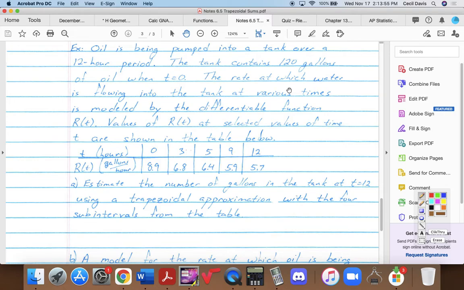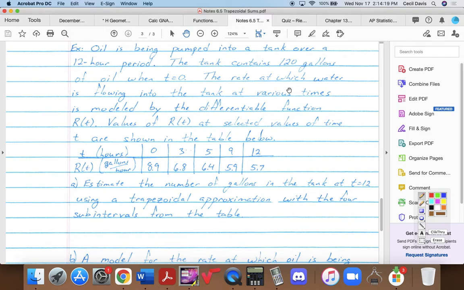It is really easy not to get all the points on this question, because notice it says estimate the number of gallons in the tank at time t is equal to 12 using a trapezoidal approximation. Students read that, all they read is trapezoidal approximation, they do a trapezoidal approximation and move on to the next part. But they haven't answered the question.